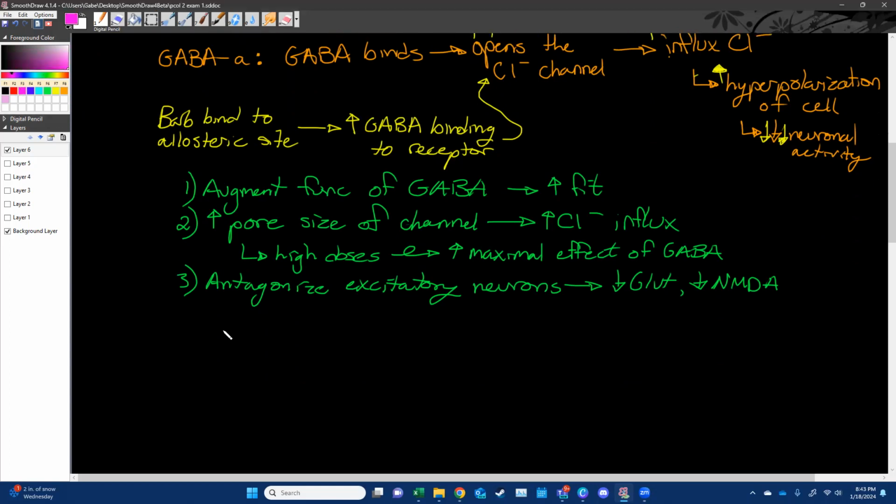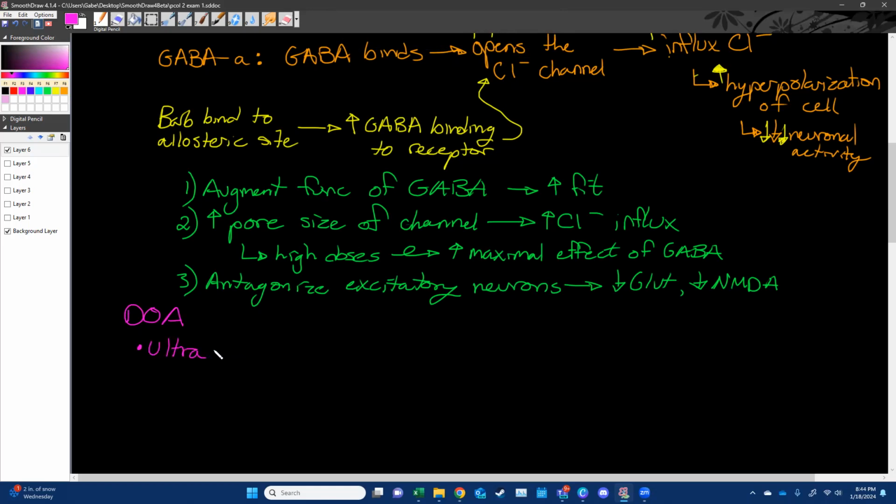One of the parts that I remember hating about this section is the half-life or the duration of action of the different drugs. You do need to know the duration of action of the different drugs. You have to know them.